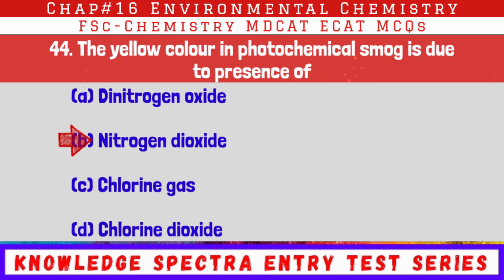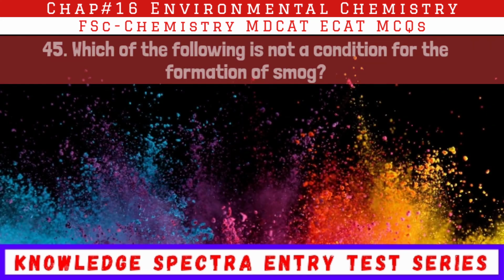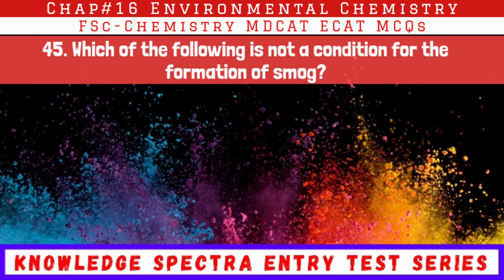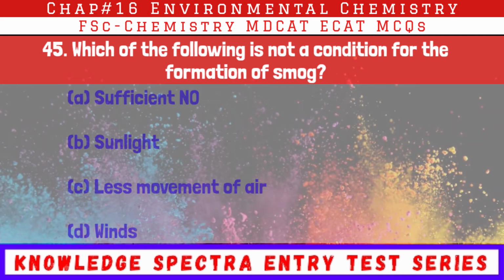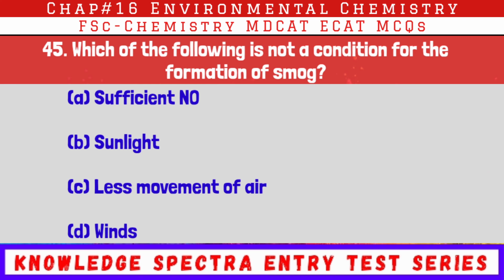Correct answer is B. Nitrogen dioxide. 45. Which of the following is not a condition for the formation of smog? A. Sufficient NOx, B. Sunlight, C. Less movement of air, D. Winds. Correct answer is D. Winds.